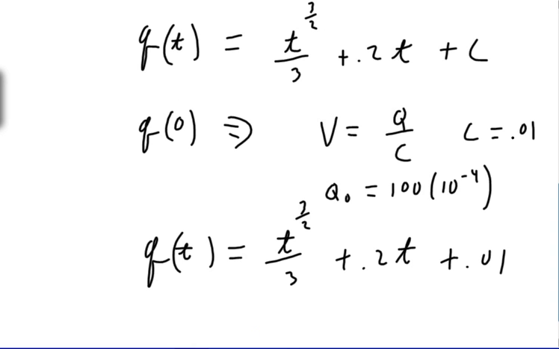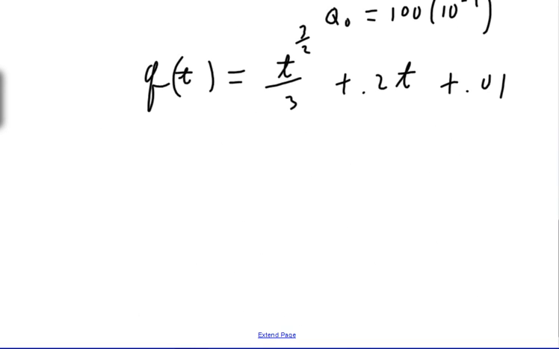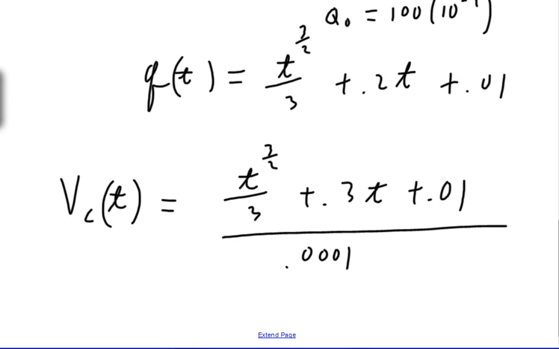We want to find the voltage at 0.16. The voltage across the capacitor at time t is going to be the Q guy, t to the 3 halves over 3 plus 0.2t plus 0.01, divided by the capacitance 0.0001 farads.